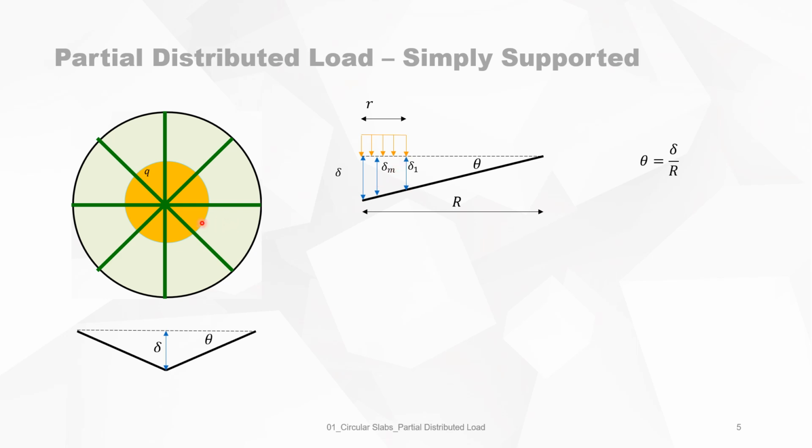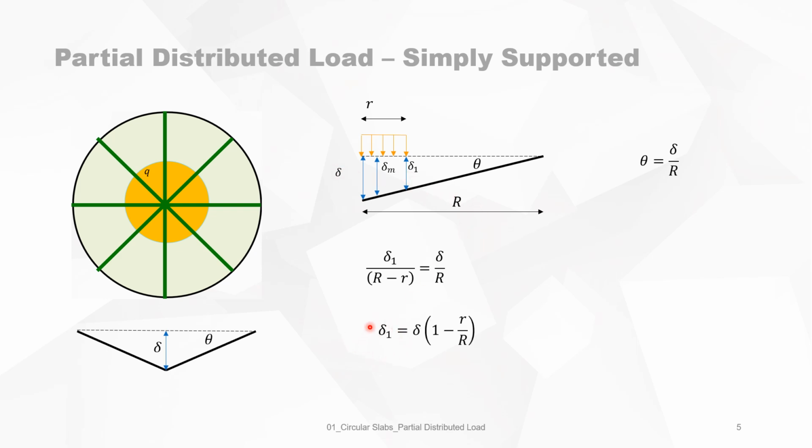Delta 1 is the deflection on the skirt of the load, and delta m is the mean deflection of that portion. So we see easily that the tangent of theta is given by delta 1 divided by R minus r, and it should be equal to delta divided by R.